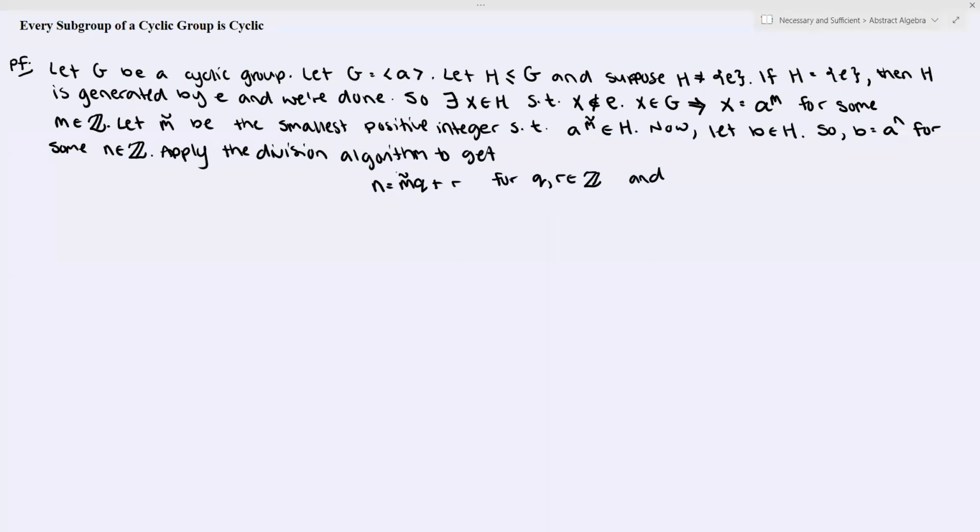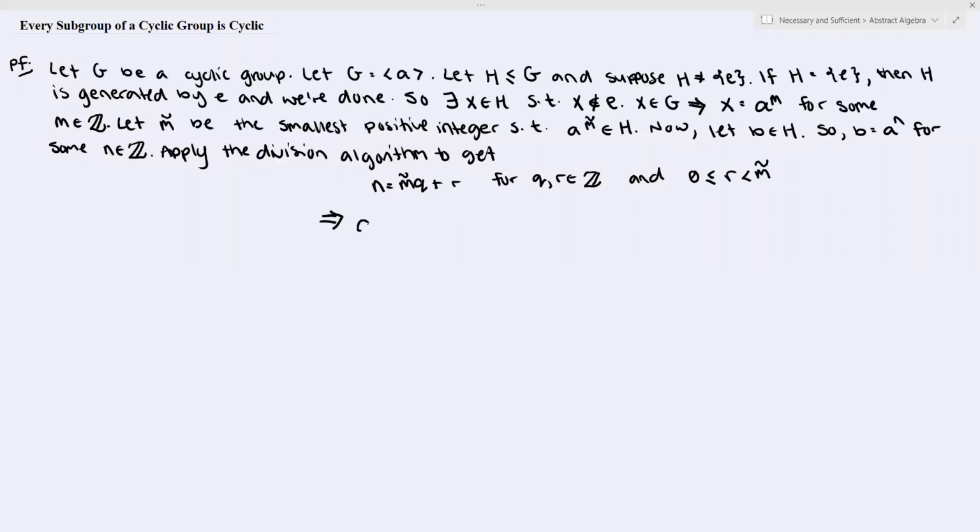We know that we're dividing by M tilde, so our remainder R has to be strictly less than M tilde. So 0 is less than or equal to R, which is strictly less than M tilde.